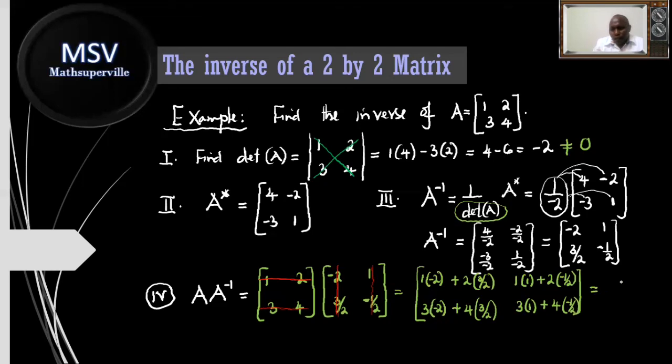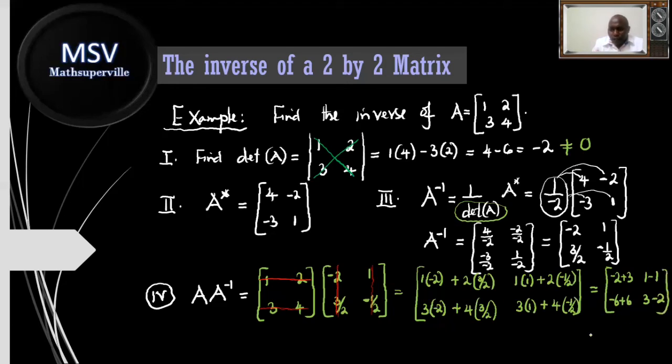And if you just notice, the first one gives us -2 plus 3. The second one gives us 1 minus 1. The third one gives us -6 plus 6. The last one gives us 3 minus 2.